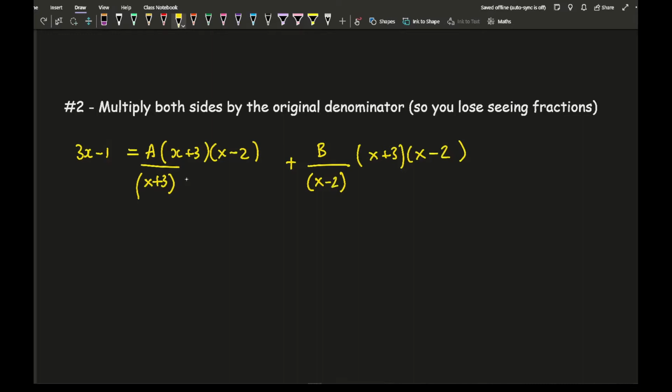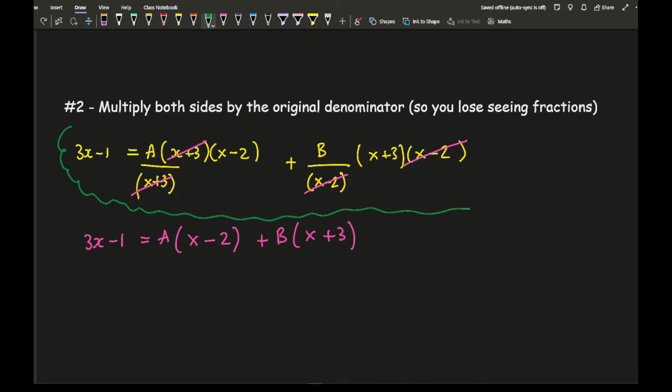So all I've done is I've expanded it. Now what you should notice at this stage is that this x plus 3 cancels with that, and this x minus 2 cancels with that. So what I'm left with is 3x minus 1 equals A lots of x minus 2 plus B lots of x plus 3. Now, with practice, you probably won't need to do what I'm highlighting in this green little cloud.